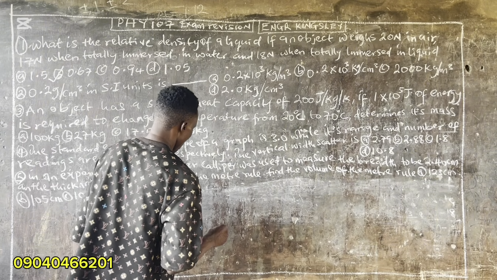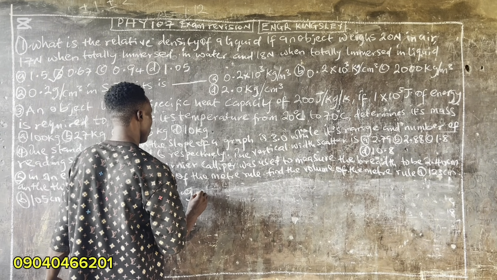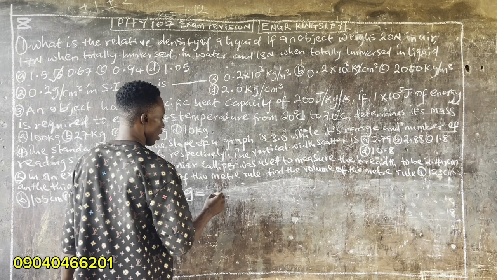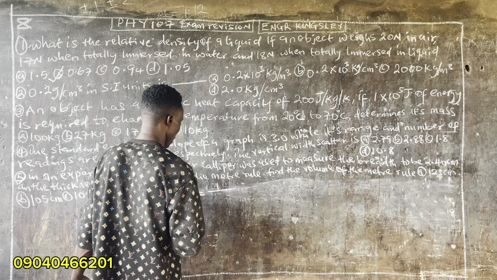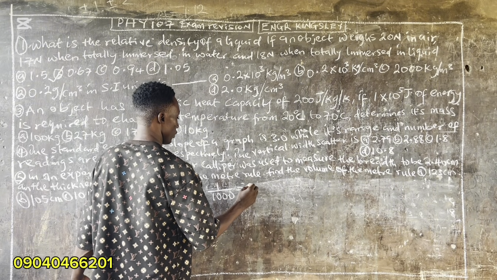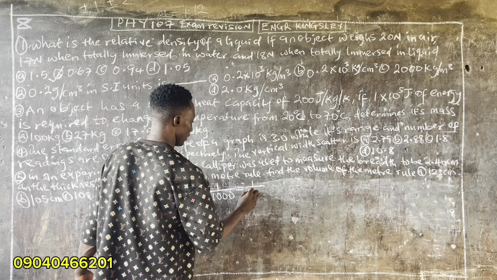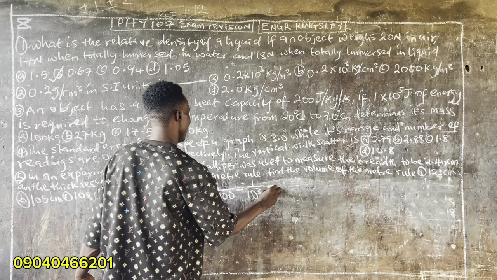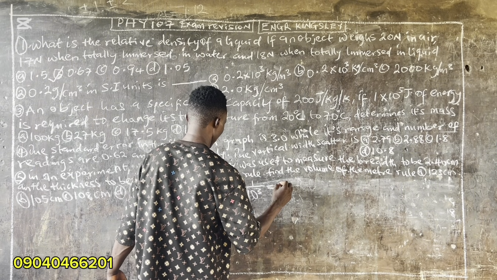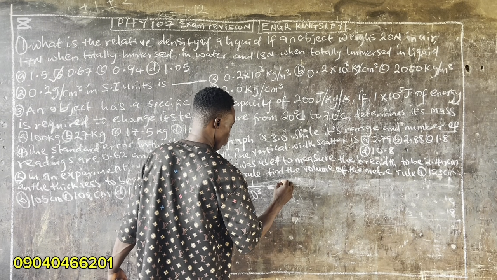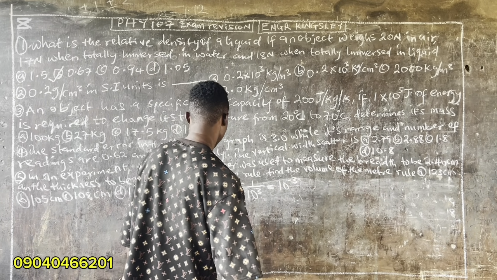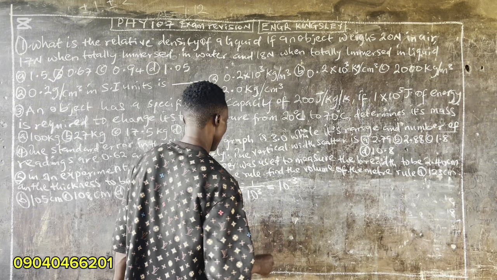If you want to change 1 gram to kilogram, you have 1 divided by 1000. It will be equivalent to 1 all over 10 raised to the power 3, which is still equivalent to 10 raised to the power minus 3. Okay, so that is it in kilogram.